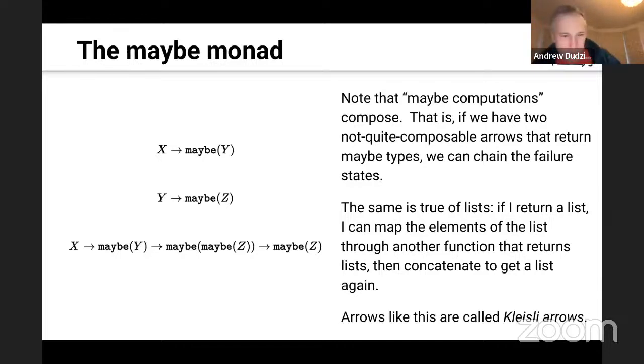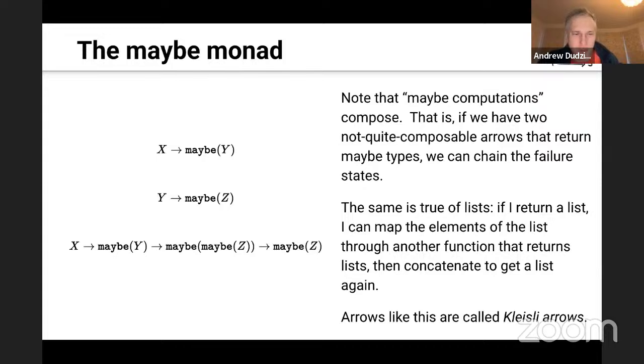I wanted to make one more observation about maybe computations. If we have two arrows like this, X returns a maybe Y and Y returns a maybe Z, the observation is we can compose these arrows. It doesn't look like we can compose them because the endpoints don't match up, but we can compose them using this formula on the third line.